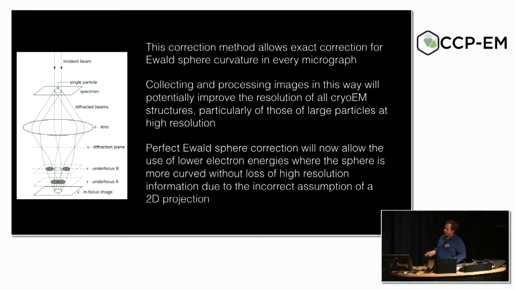And if you do this, then we can do perfect Ewald sphere correction. And this removes one of the things that we thought was going to be a physical limit to going to lower energy in EM. As you go to lower energy, the wavelength goes down, so the Ewald sphere gets more and more curved. So this effect gets worse and worse the lower the energy you work at. But I think if we process data in this way, we won't have that problem.